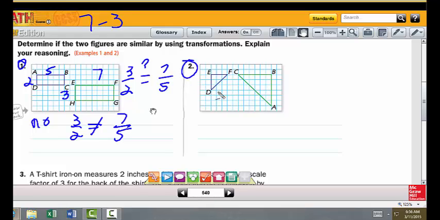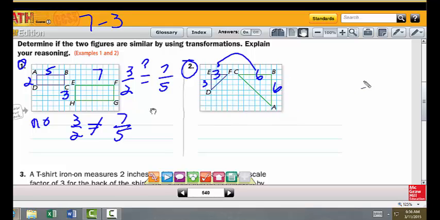Problem number 2. Same thing. We can clearly see that we could reflect this, so we're looking at these two sides being comparable. So we need to count them up. We've got 3 here. We've got 3, 6 here. Here we want to take a look at this, and we have 1, 2, 3 here. And here we have 2, 4, 6.